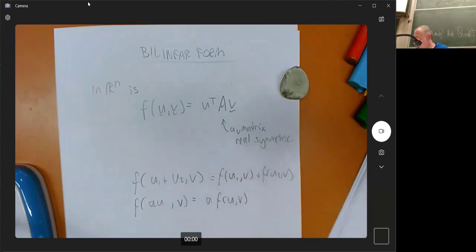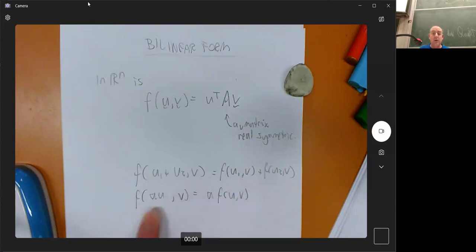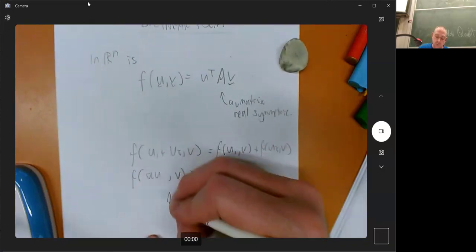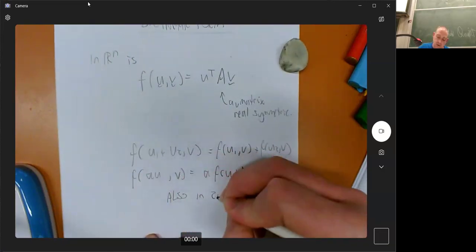There's probably a thing that says that it's supposed to be the conjugate somewhere. Nope, that's fine. And you can do this in either coordinate, also in the second coordinate.